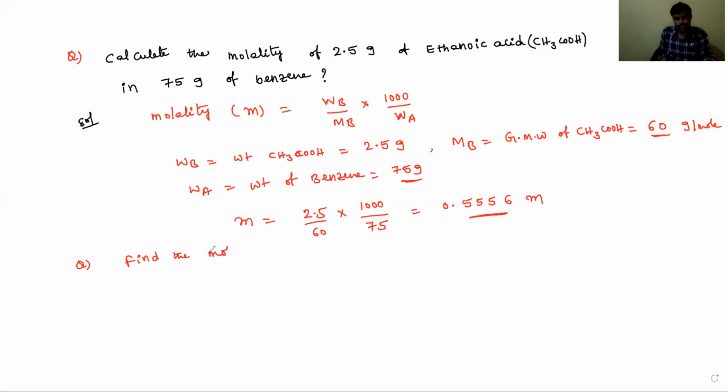The density they gave is 1.98 gram per ml, and in this solution 95% weight by volume (W by V) of H2SO4 is present.